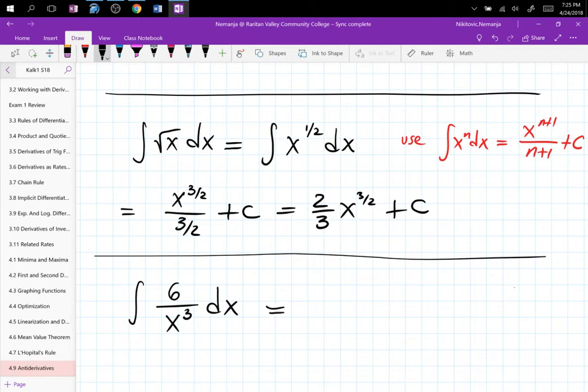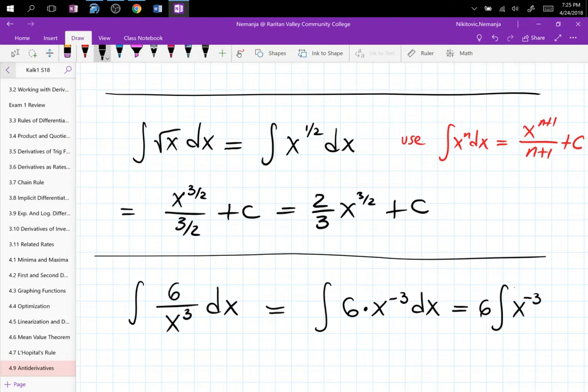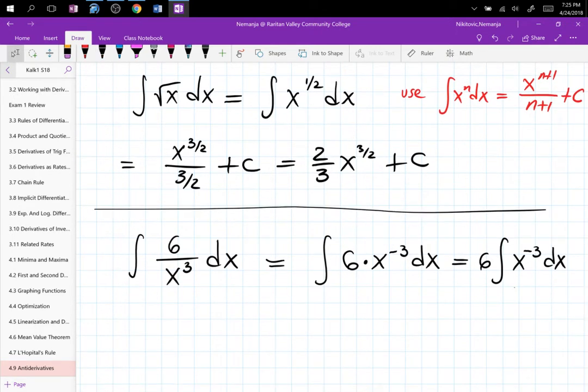Okay, that was enough time. So what we do is we write this as 6 times x to the minus 3 dx. We can kick 6 in front of the integral. And now we are going to use the same formula from above. 6 times x to the minus 2 over minus 2, because you're adding 1, plus c.